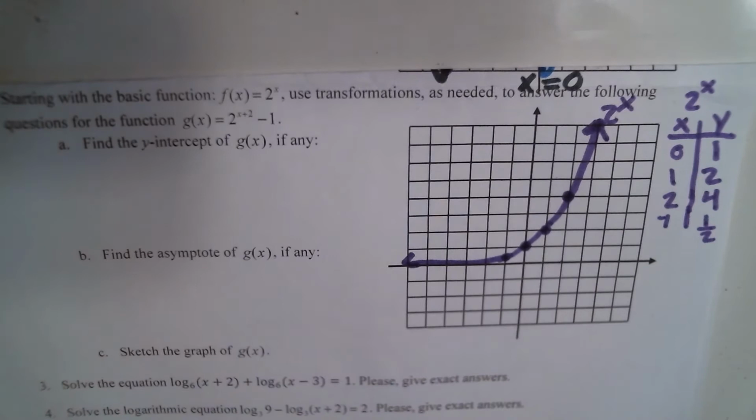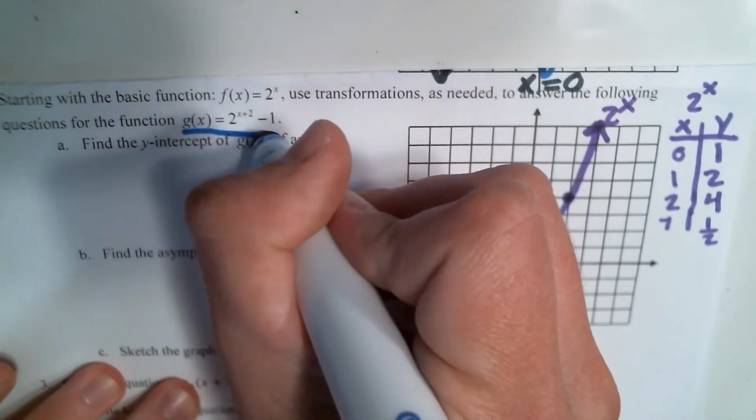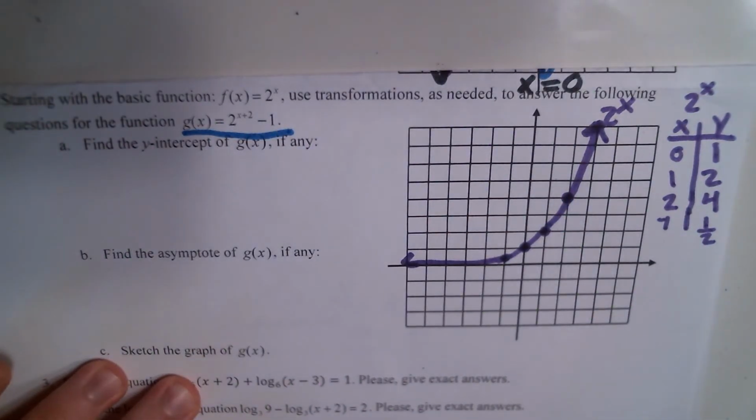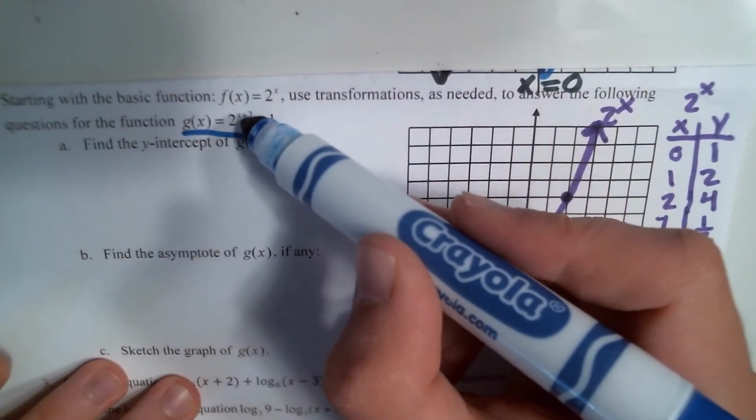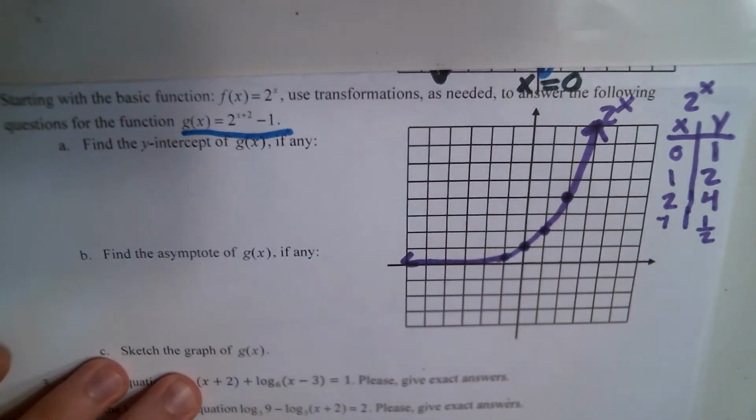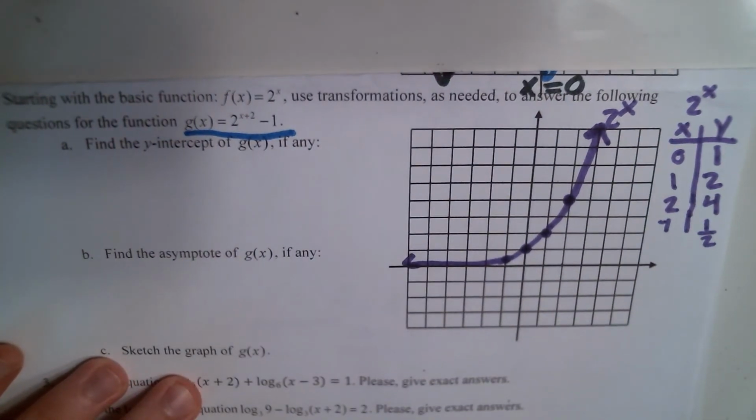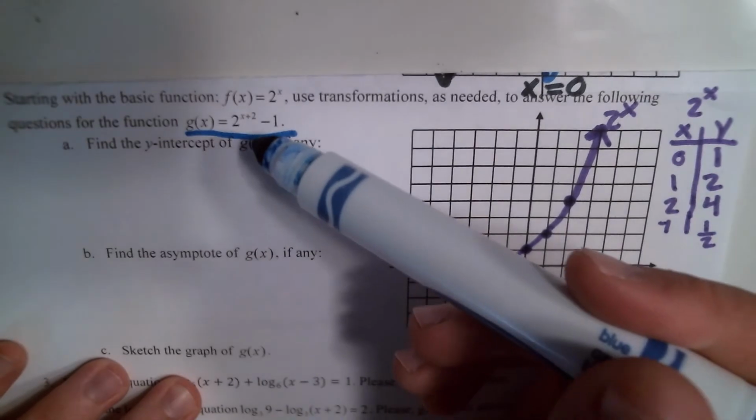And so what we're going to be doing now is graphing a transformed version of that. Let's look at 2 to the x plus 2, then -1. So the plus 2 up with the x means I'm going to be moving to the left, right? It does the opposite of what we might think it would because it's next to the x.